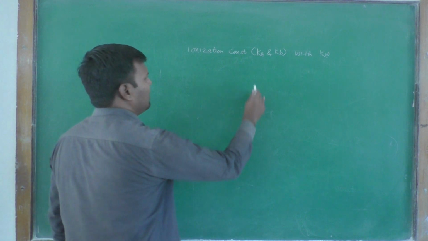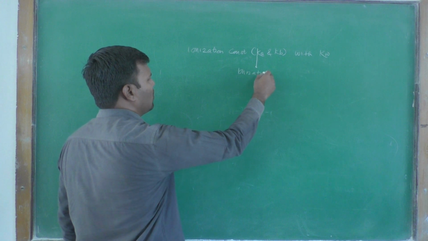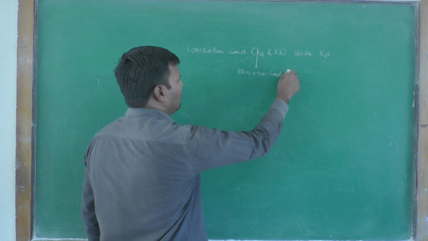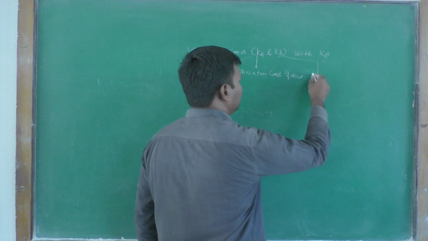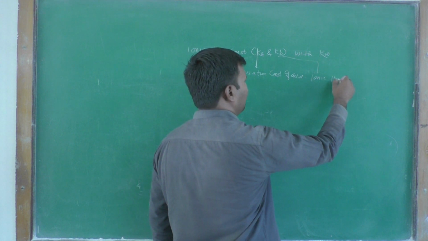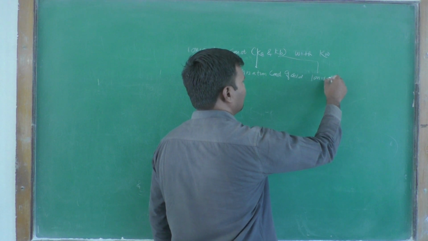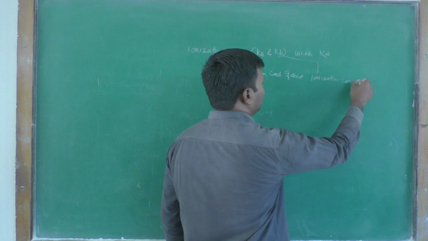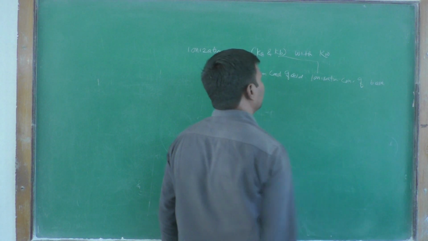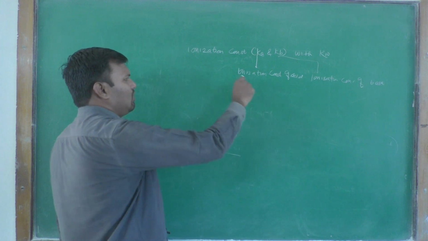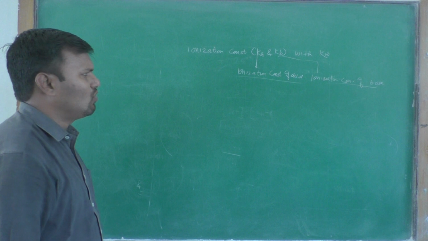Ka is the ionization constant of acid, and Kb is the ionization constant of base.